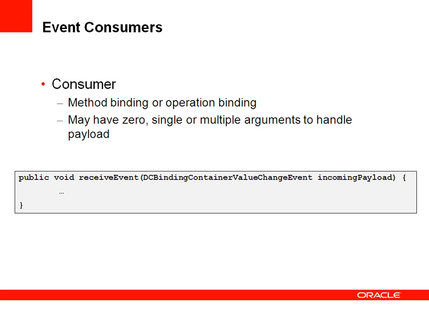As you see in this little code snippet here, the method takes zero, single, or multiple arguments. It's just up to what the method is required to work with. In this case, it's using the DC binding container value change event, which obviously indicates that this method is listening for a value change on an ADF bound text input field. However, if you want to keep it more generic, you could say that it should just have an object type payload.